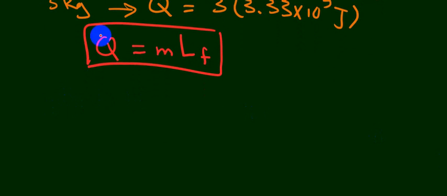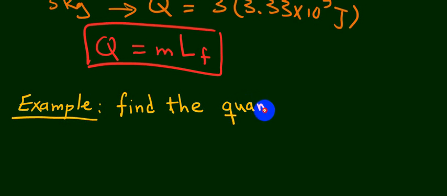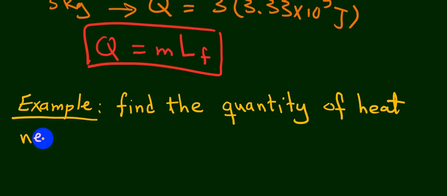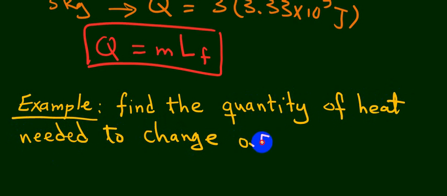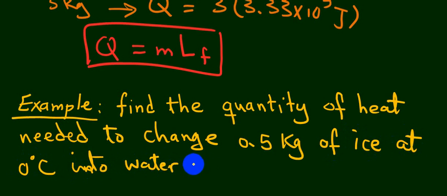Let's discuss an example. Find the quantity of heat needed to change 0.5 kilogram of ice at 0 into water also at 0 degrees Celsius.